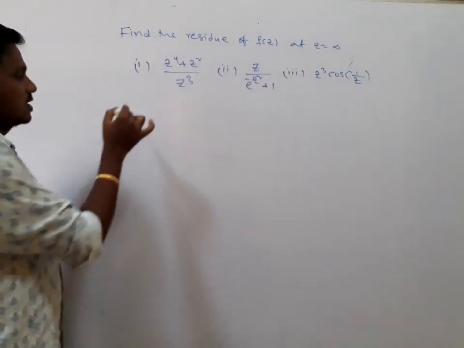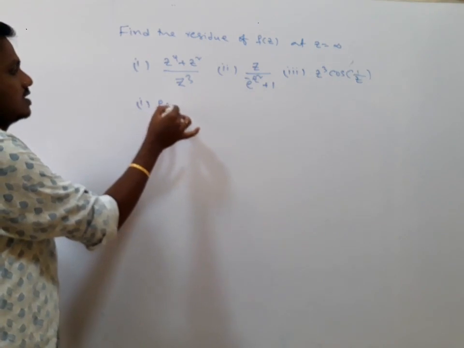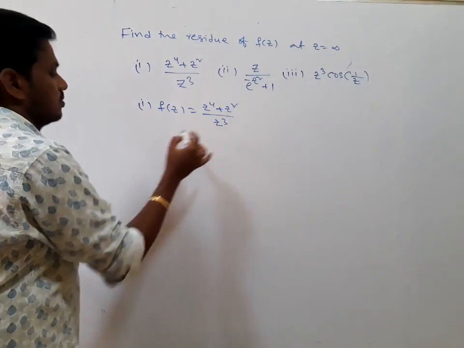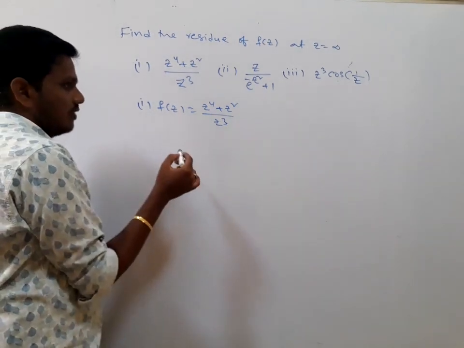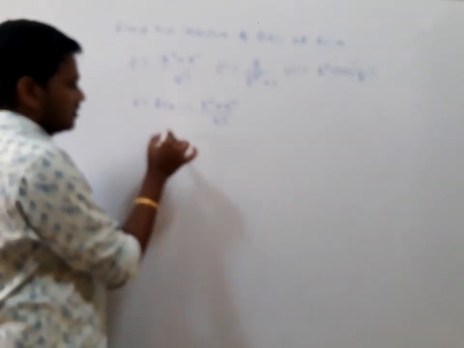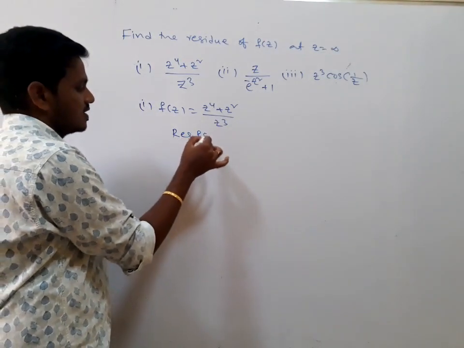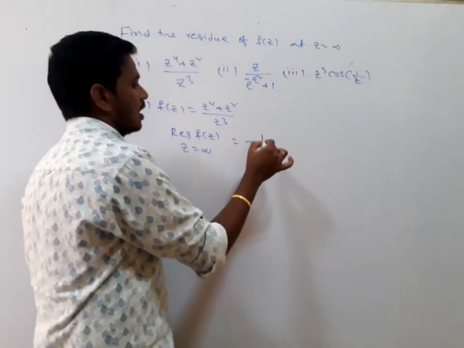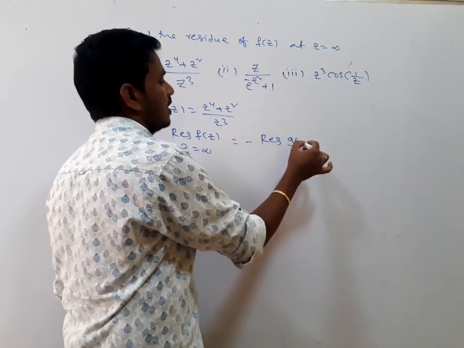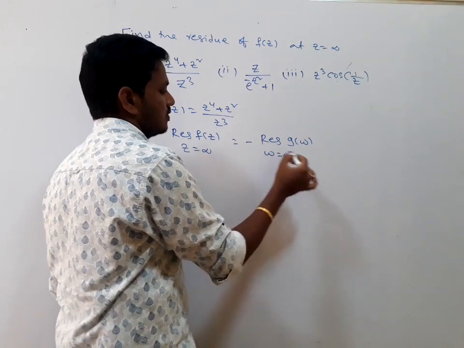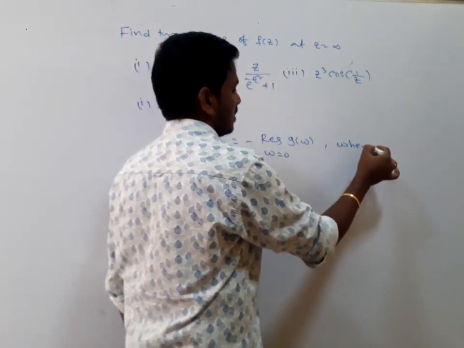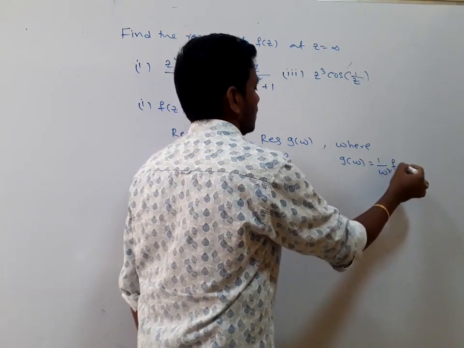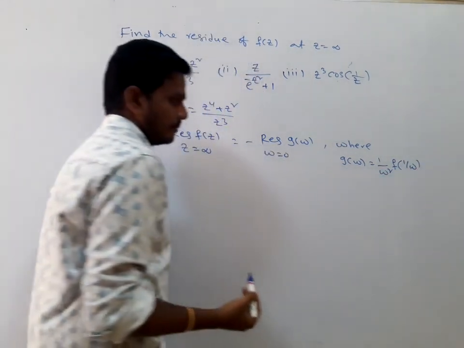Coming to the first one, f(z) = (z^4 + z^2)/z^3. We know the direct formula for finding the residue of f(z) at z = infinity: it is the same as minus the residue of g(w) at w = 0, where g(w) = (1/w^2) f(1/w). Clear now?